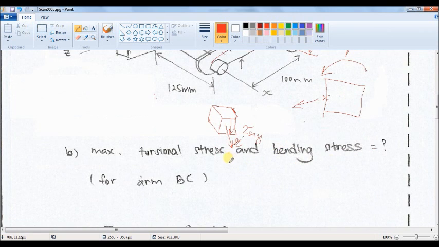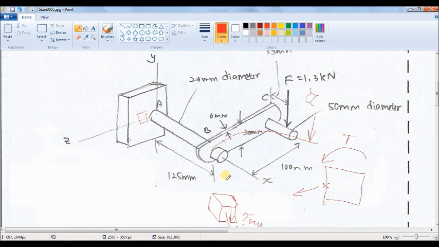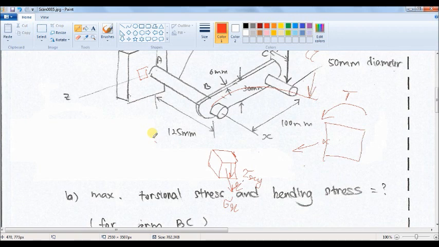So due to the bending, we will have this axial stress. We call that sigma x. And because the torque is in this direction, the torsional shear stress tau xy will be in this direction. And as you know, the first subscript x shows the normal axis of the face, and the second subscript y shows the direction, which is in the y direction.